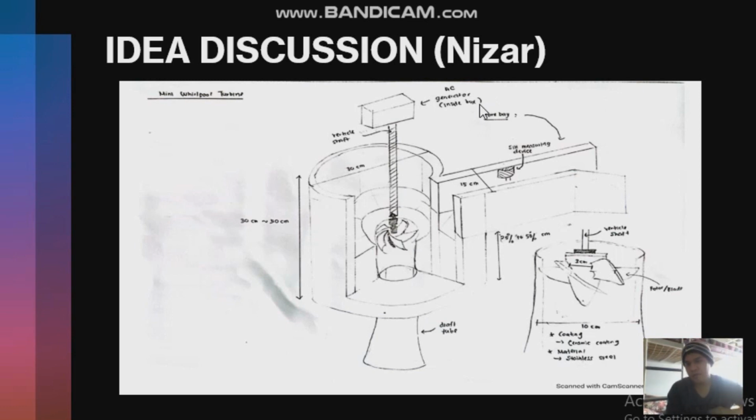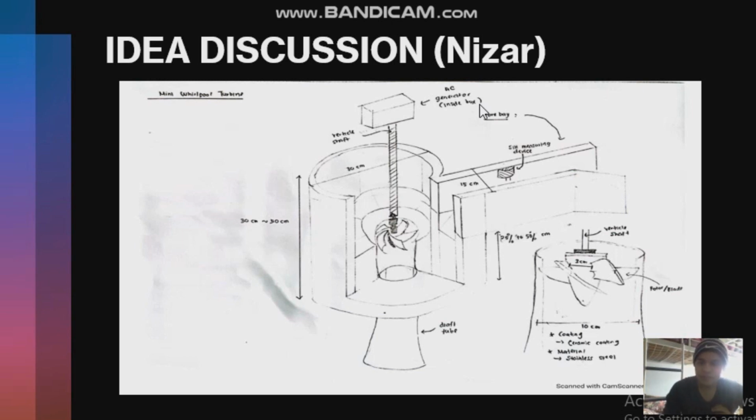With this kind of water movement, I have decided to use a Kaplan type turbine, since that's the most suitable design for this kind of water flow.